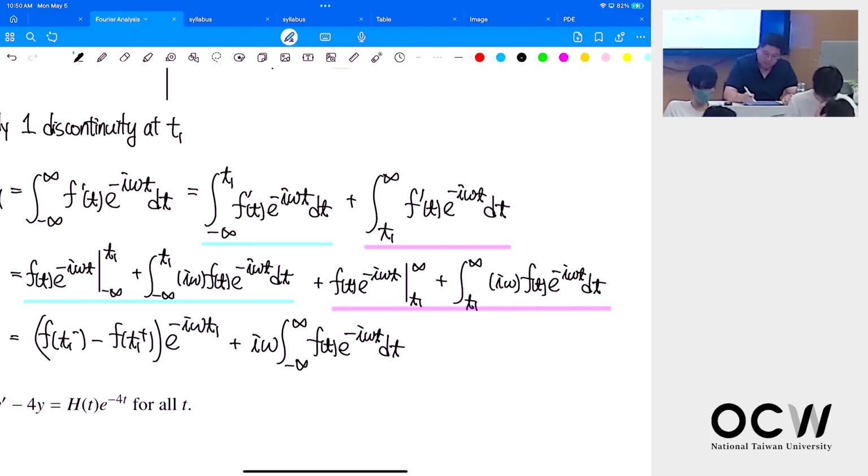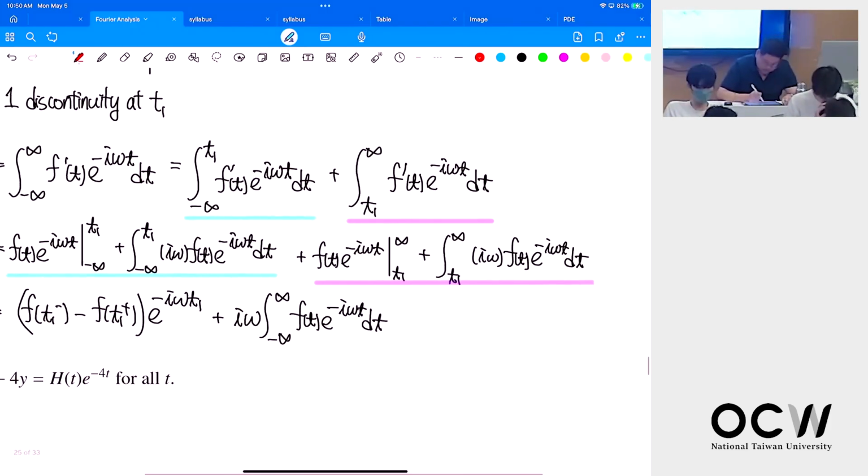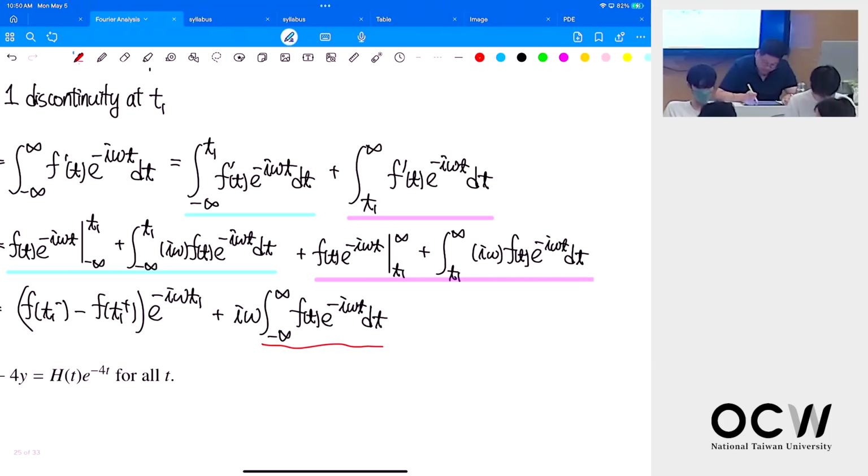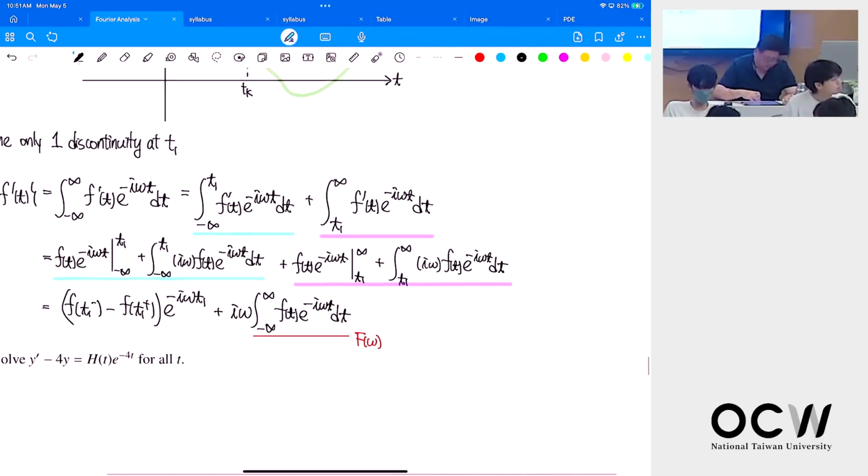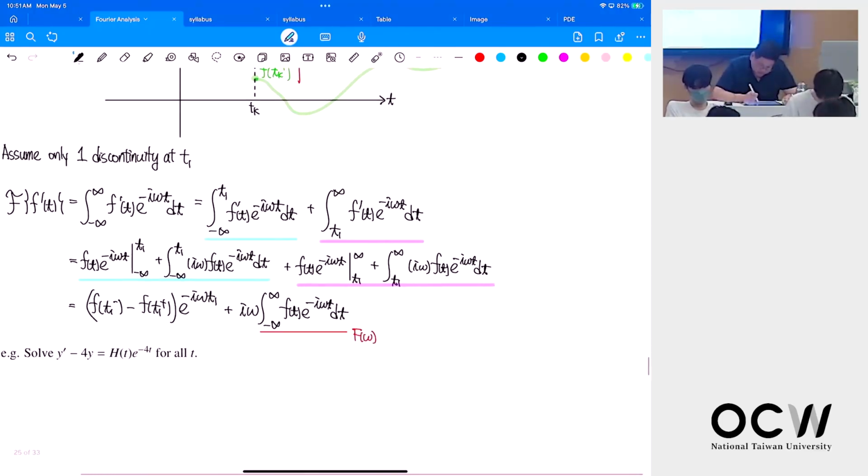And this is your Fourier transform. And so that's why we have i omega. Every time when you take a derivative, you will create i omega.